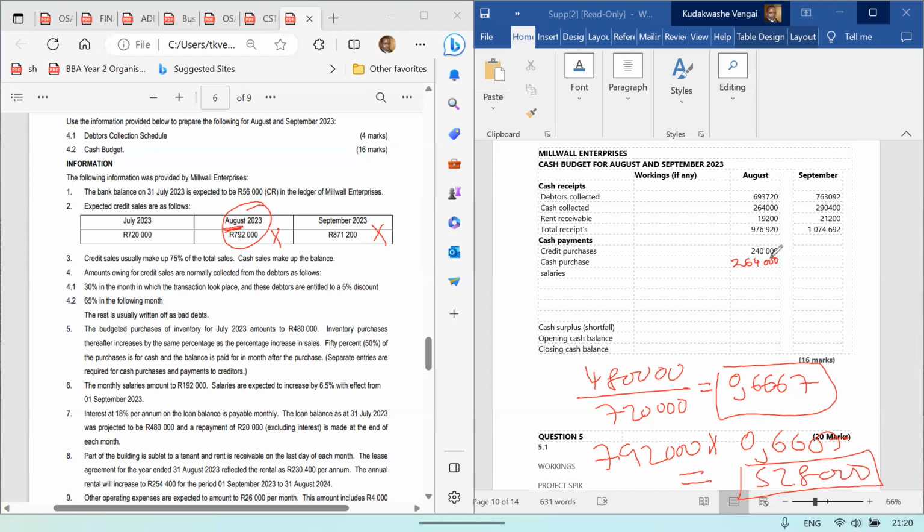But the other 50% is going to be paid in September because that's credit. So we record 264 under credit. Are we together here?